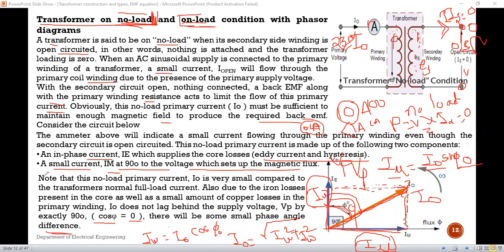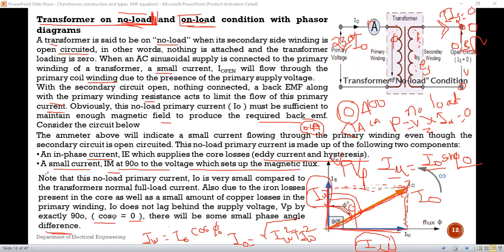नो लोड कंडिशनला ज्यावेळेस ट्रान्सफॉर्मर पुट करतोय त्याच्यावरून this condition will be achieved, and this conclusion we have achieved. Okay, so we want to perform this test. ही टेस्ट पण आपल्याला परफॉर्म करायचे. That means we want to do the experiment. We want to take the OC SC test, that means open circuit and short circuit test of the transformer.